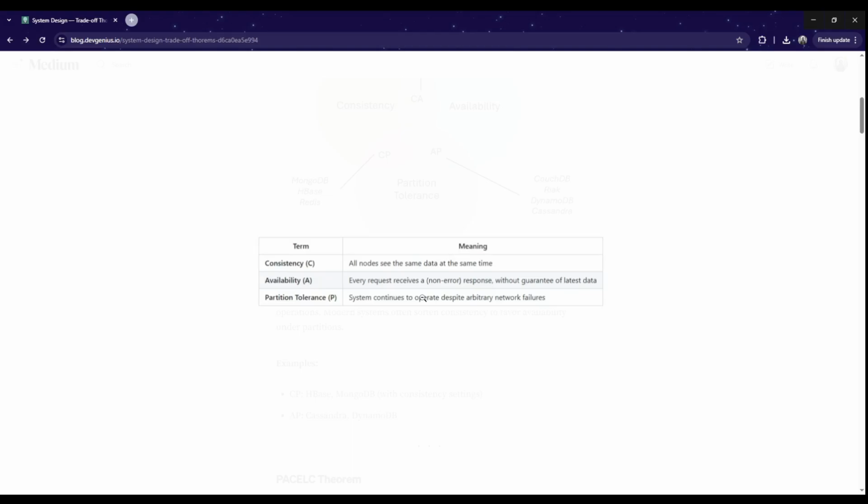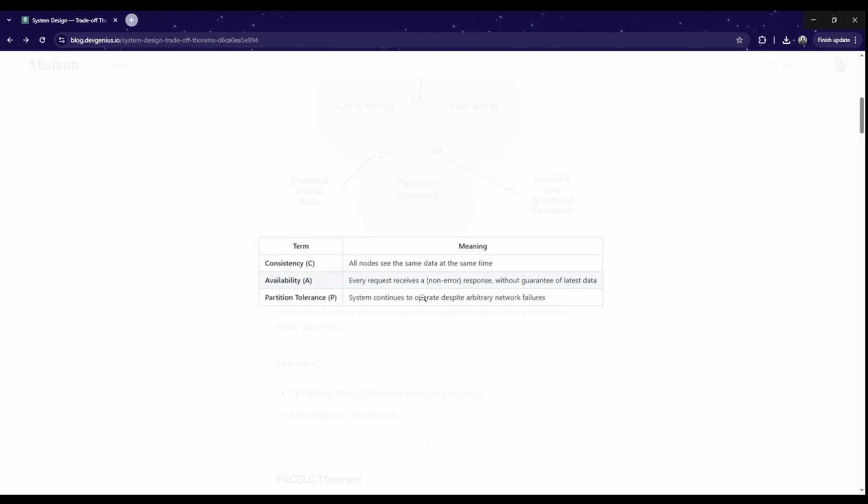So in case we have a three node system, let's say there is a network partition that happens and only two nodes are there. So if a request comes to the system, if we are opting for availability, either of the two nodes which are there will return the response, but they might respond with a wrong result.